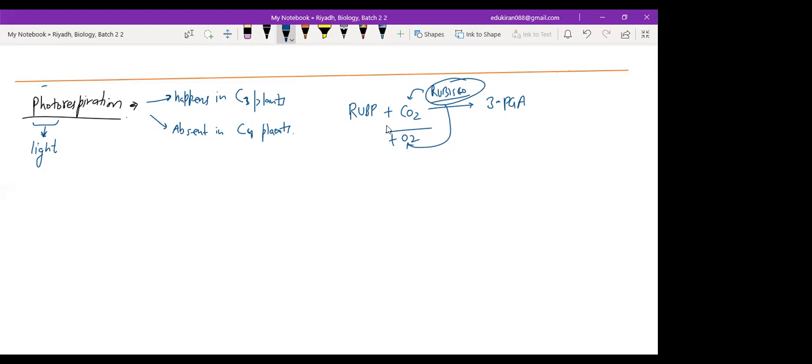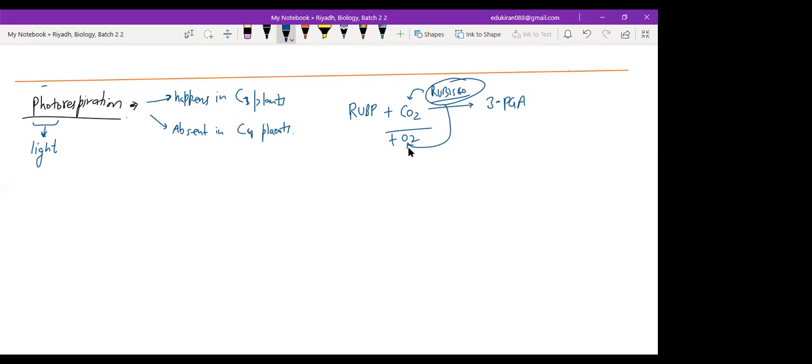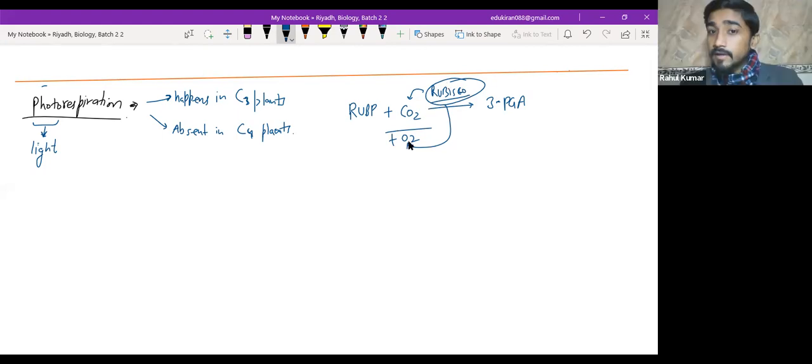Now, why is photorespiration a bad thing for photosynthesis? Because through photorespiration, lots and lots of oxygen can come in. Remember, it is the uptake of oxygen in a light dependent manner, correct? Yes, sir. So if more oxygen comes in, then oxygen will compete with CO2 for Rubisco to oxidize RuBP.